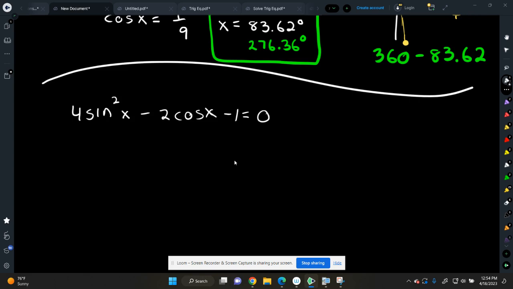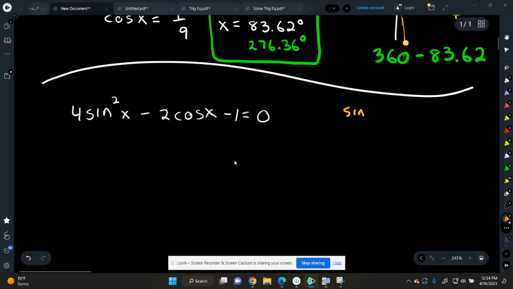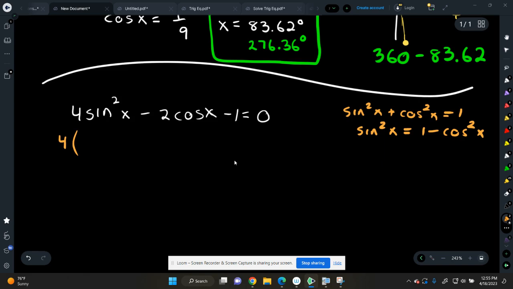Change this sine squared to cosine squared. Sine squared x plus cosine squared x equals 1, so sine squared x equals 1 minus cosine squared x. So we've got 4, and instead of sine squared, I'm going to put 1 minus cosine squared, minus 2 cosine x minus 1 equals 0.